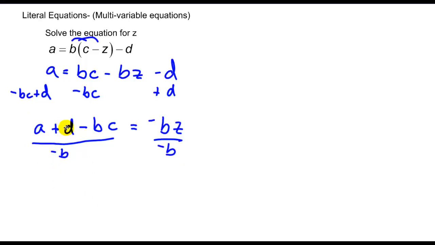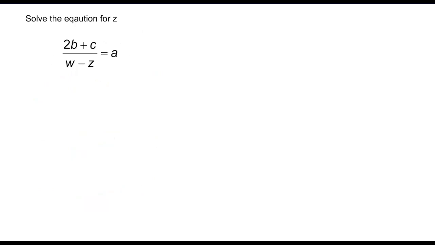Typically, publishers don't leave negatives in the denominator. So what we'll do is divide negative 1 into each of these terms, and that will be my answer. I have negative a minus d plus bc over b is equal to z. And thus I've solved my literal equation for the variable z.